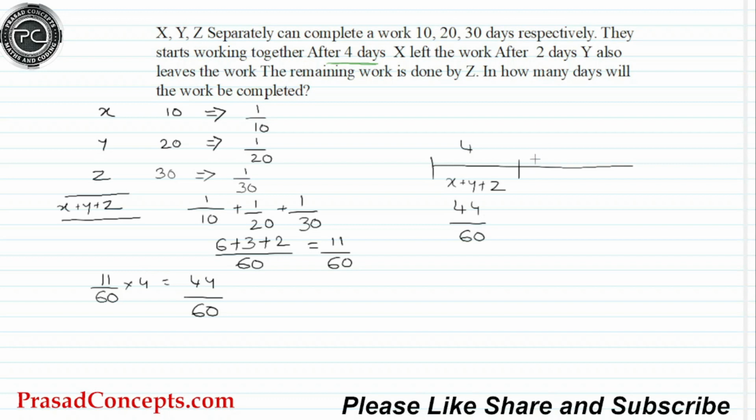Now from the 4th day onwards, they have worked for 2 days. After 2 days, Y also left. That means after X has left, Y and Z have worked for 2 days.